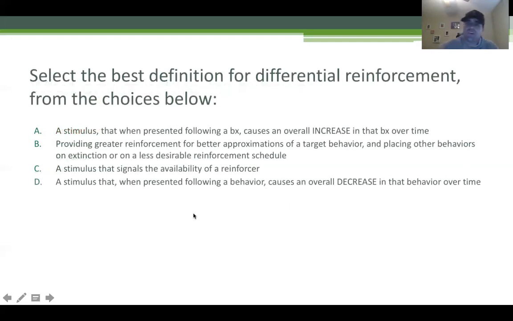Select the best definition for differential reinforcement from the choices below. When you read a question like this, before you read the answers, ask yourself, what is differential reinforcement? In your head, you should be thinking through it. This is why going over the study guide I posted is so important, because the most important thing going into the test is knowing your definitions.